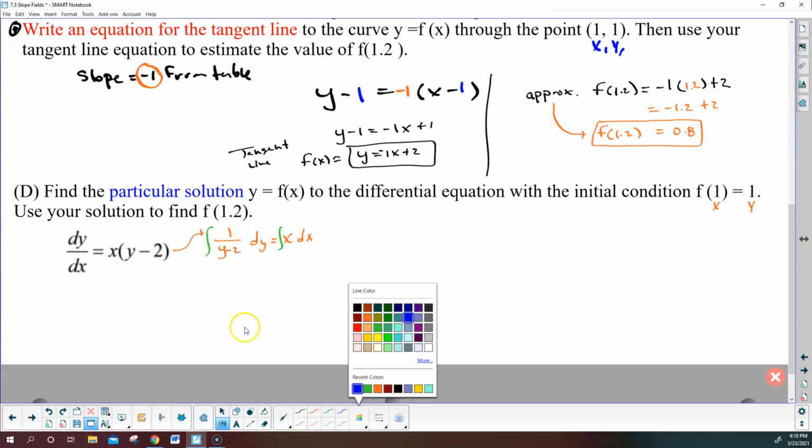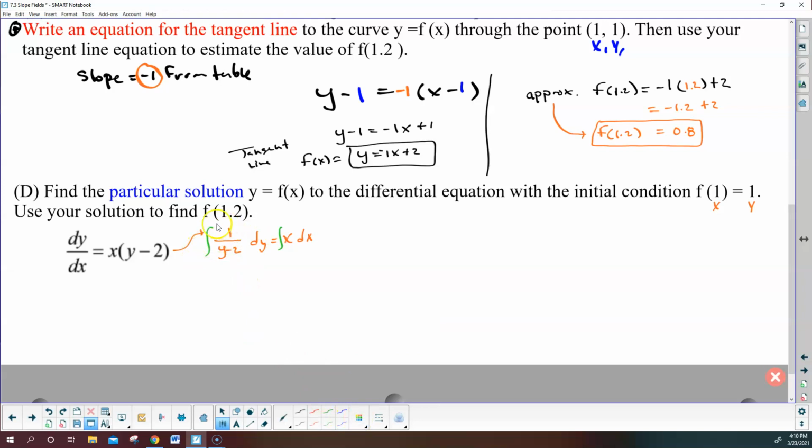Okay. Now we have to do the antiderivative. Well, what I would do on this side is a u substitution. If you've done this enough, you know that it's the natural log. But if you haven't, then you're just going to have to take the derivative. There we go. Take the derivative of both sides, and notice we get du equals dy.